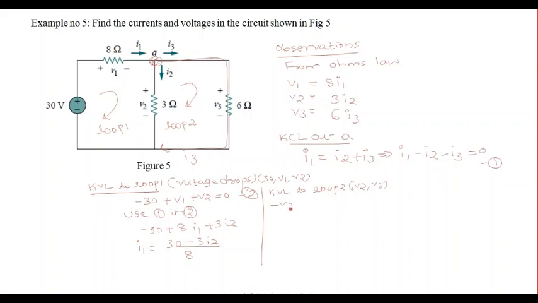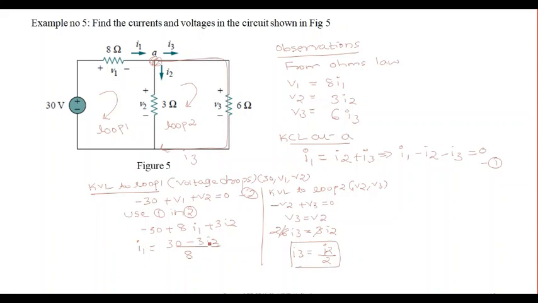So I can write minus V2 plus V3 equal to 0, or in other words V2 equals V3. Using the definitions, V3 is 6I3 and V2 is 3I2, so you can define I3 as I2 divided by 2.